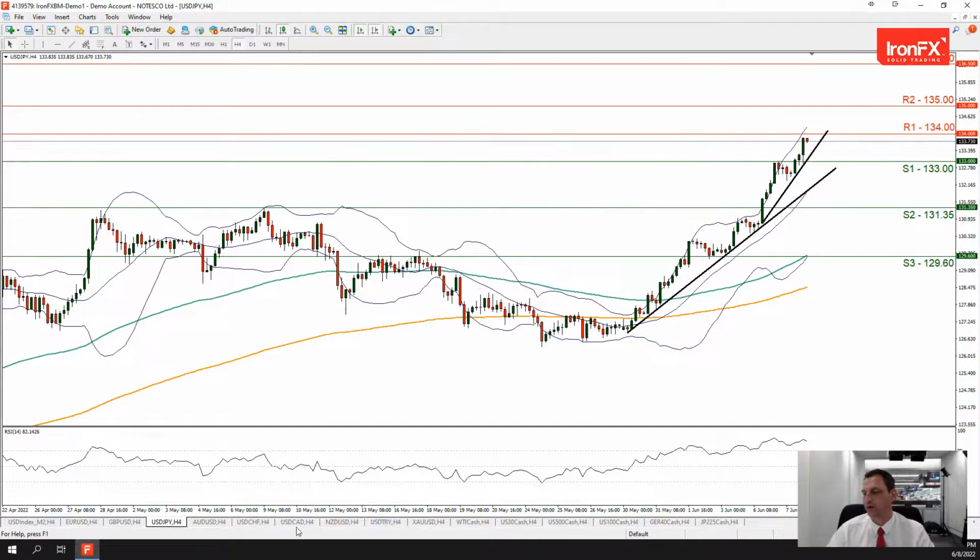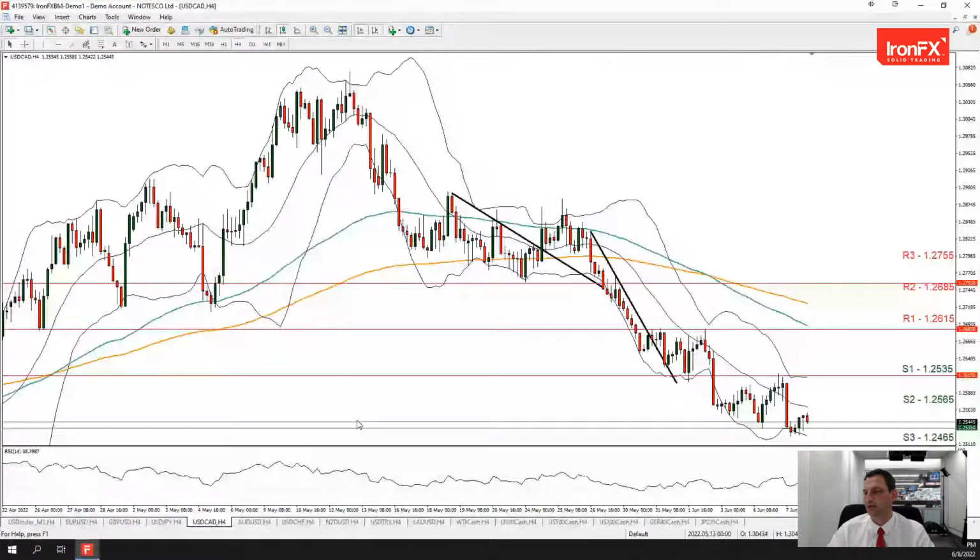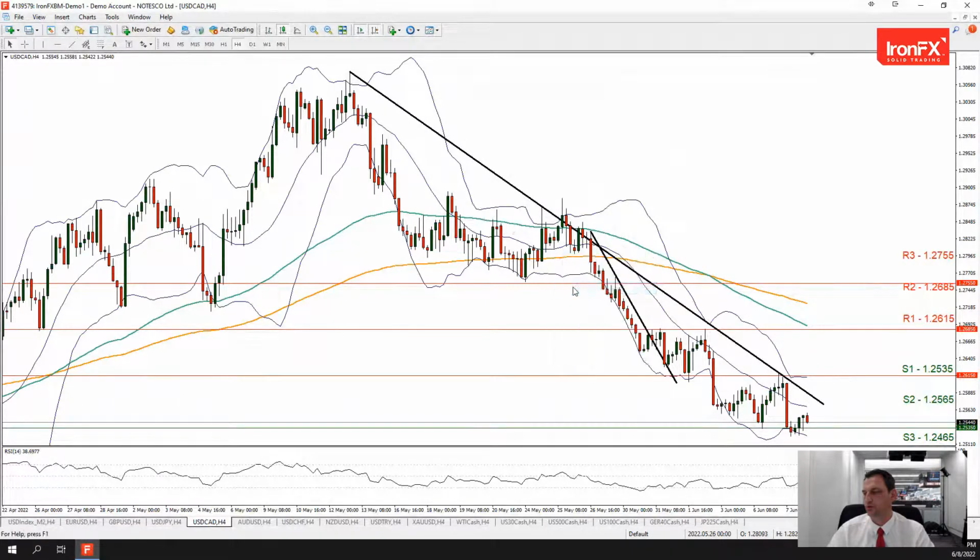Let's have a look at USD CAD. Sorry about that. There we go. Nice downward trend line guiding the pair. Okay, this is no longer required.